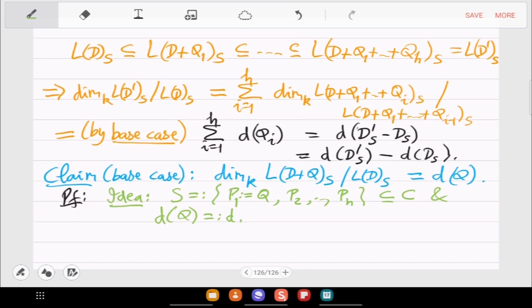You actually have a real point Q. In that case, the degree is 1. So you want to show that there is only one new function that you will add. When small d is equal to 1, then just one new function appears. So where does that function appear from? It actually appears from the DVR of Q. That is the idea.